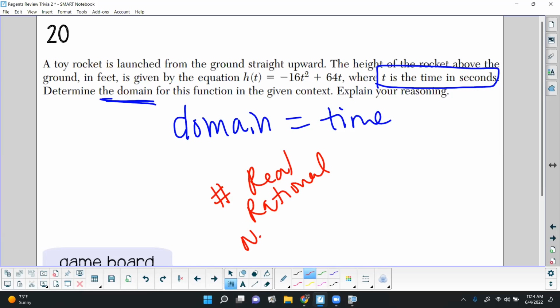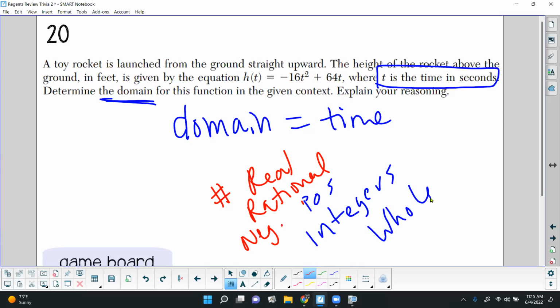There are negative rational numbers. There are positive rational numbers. There are integers. There are whole numbers, right? So these are your options for types of answers. So I want you to think about, if you're talking about time, what type of numbers can you have? So hopefully the main idea coming across to you right now is, okay, time can never be negative.